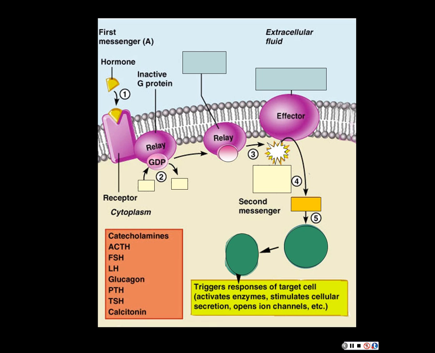That's what this G protein does. It binds GDP and GTP. If it's bound to GTP, energetically it has more. If it's bound to GDP, it has less. So when it's bound to GDP, we say it's inactive. What do you think if it's bound to GTP? It would be considered to be activated.